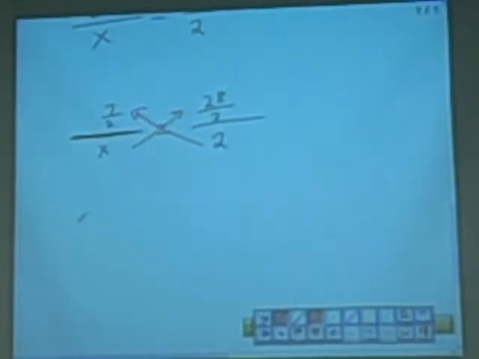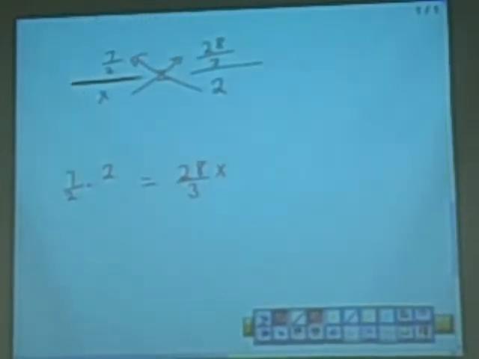So here we have 7 halves times 2, and that equals 28 over 3 x. Usually the coefficient goes before the variable, just for consistency.